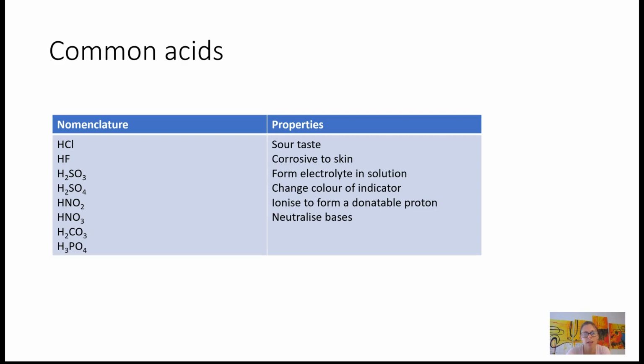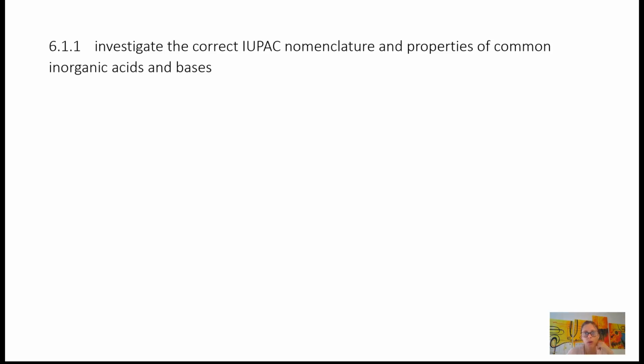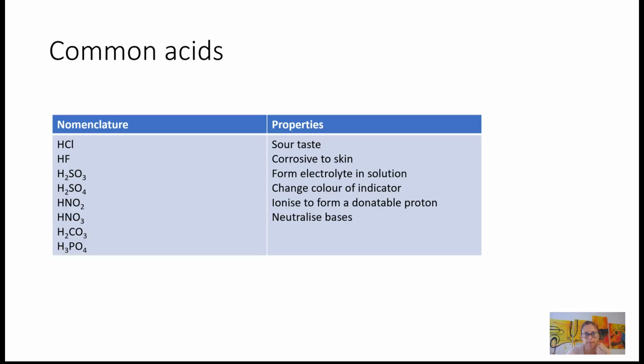So it's a naming system that everybody understands to reduce any confusion about what chemicals we are talking about. So our outcome said that we need to be able to use the correct naming system for our acids and also the properties that they have.